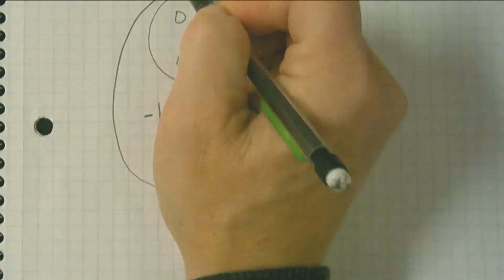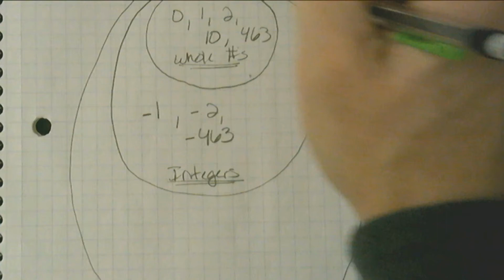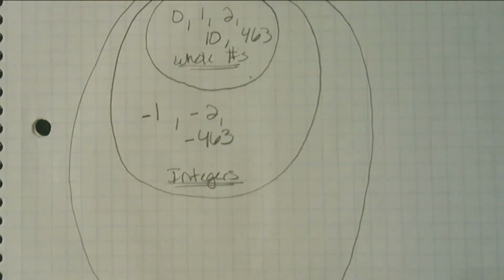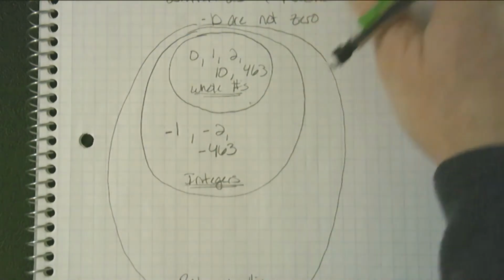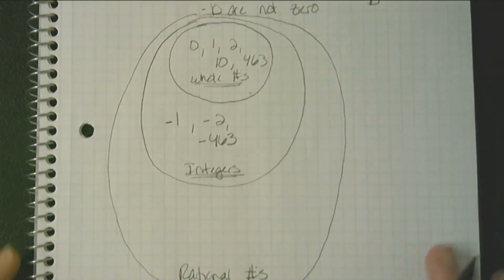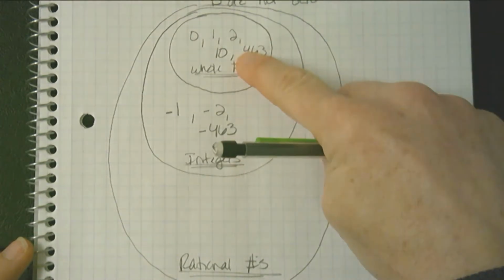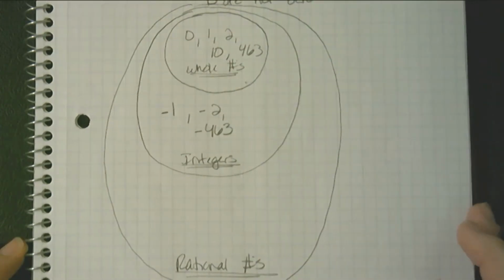Okay. The final group, these are called rational numbers. They include your whole numbers, they include your integers, but they also include numbers that we have missing.